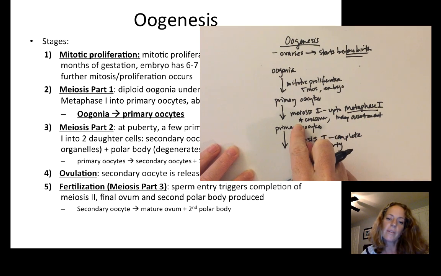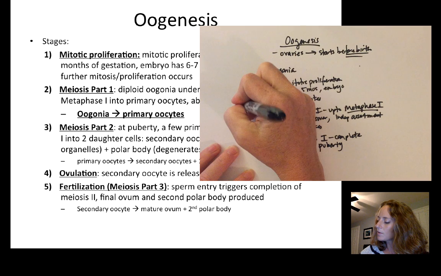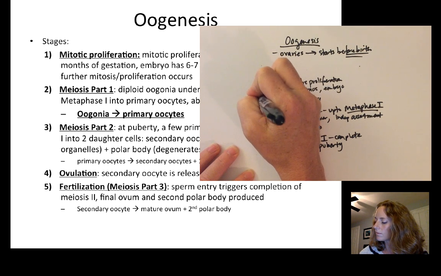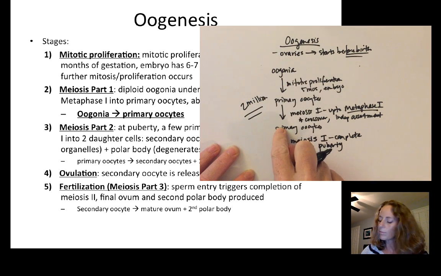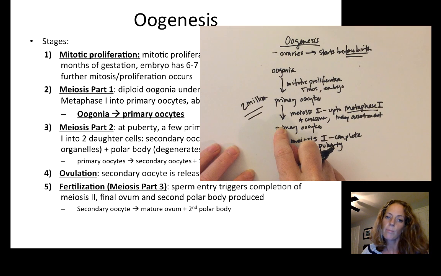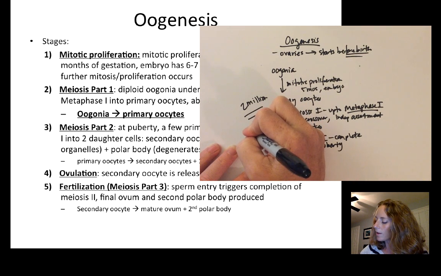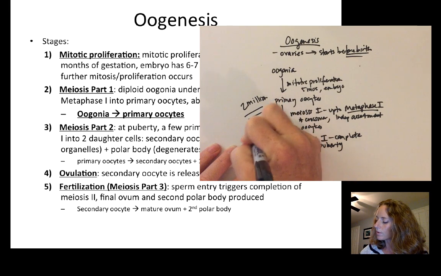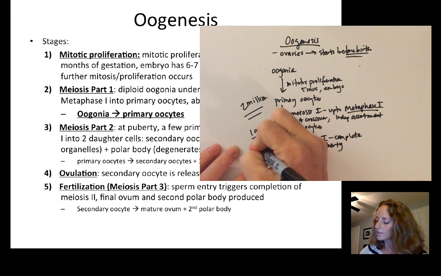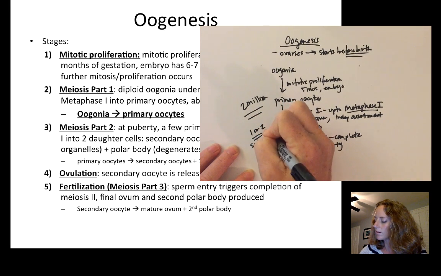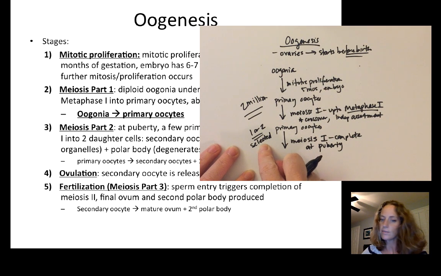But not all of them do. We have about 2 million primary oocytes that females are born with, and then at puberty, only 1 or 2 out of that 2 million will be selected by hormone signals to undergo and complete meiosis 1.